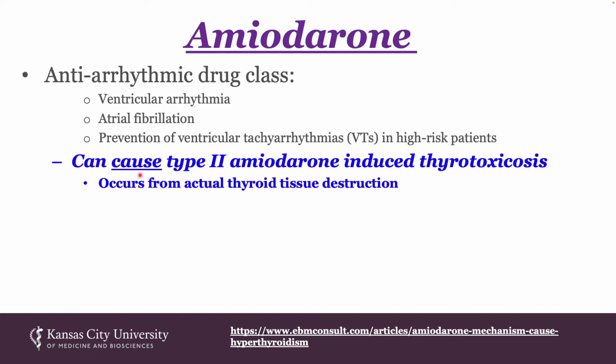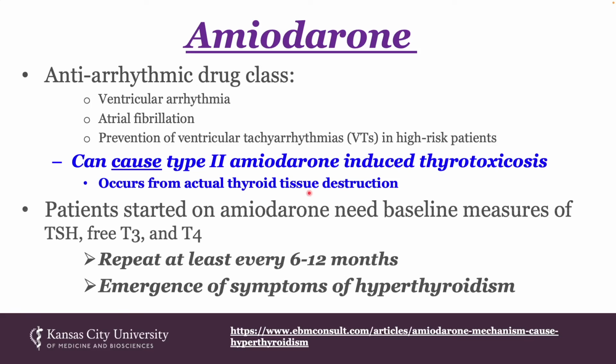Amiodarone can cause type 2 induced thyroid toxicosis. This occurs from its ability to actually destroy thyroid tissue. Hence, patients started on amiodarone need a baseline measure of TSH, free T3, and T4, and a repeat test every 6 to 12 months to look for the emergence of symptoms of hyperthyroidism.